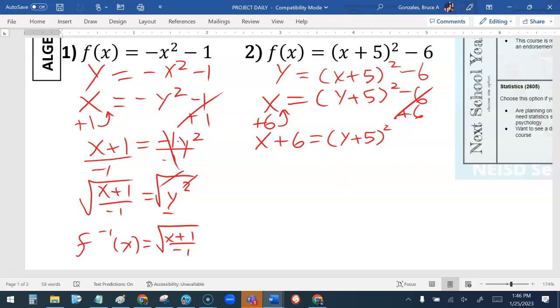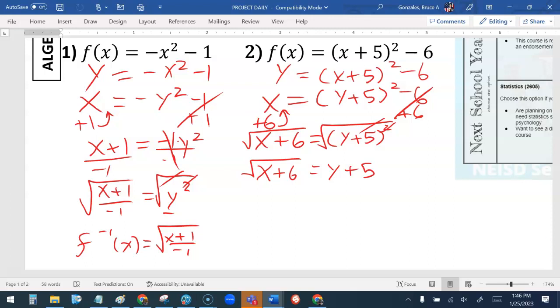All right, now, before we can mess with that 5 on the inside of the parentheses, we got to get rid of the squared. And again, opposite of squared, square root. Cool. Square root on the left, square root on the right. Cancels out on the right. Now I have square root of x plus 6 equals y plus 5.